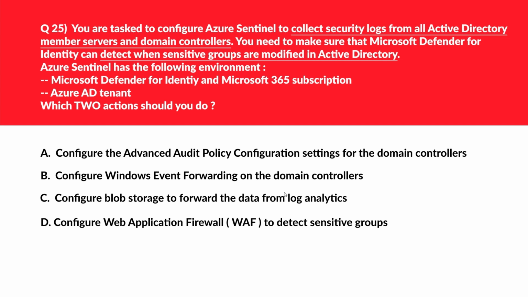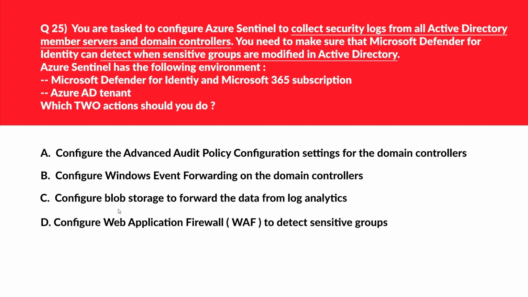These can either be read automatically by the Defender for Identity sensor, or in case the Defender for Identity sensor is not deployed, they can be forwarded to the Defender for Identity standalone sensor in one of 2 ways: by configuring the standalone sensor to listen for SIEM events, or by configuring Windows event forwarding. This can be another potential answer. We'll park this. Let's now look at option C.